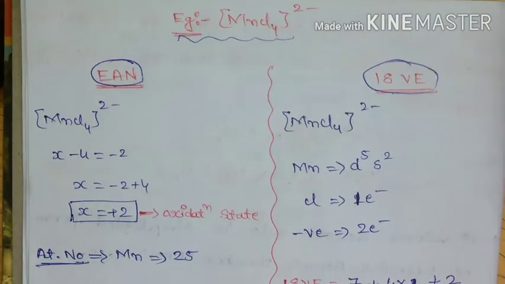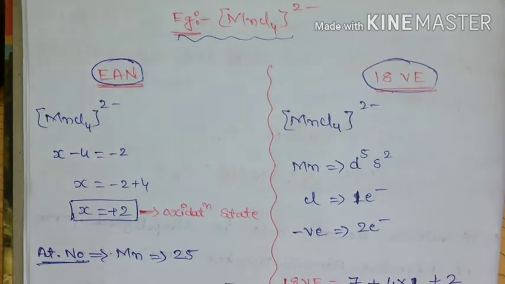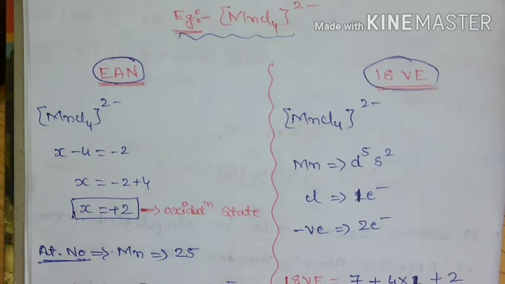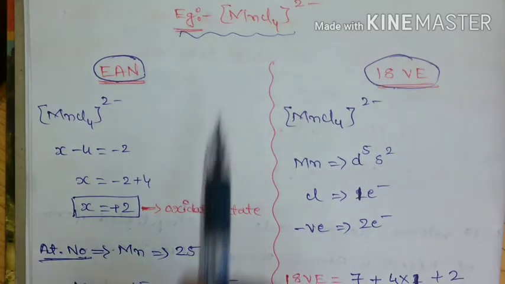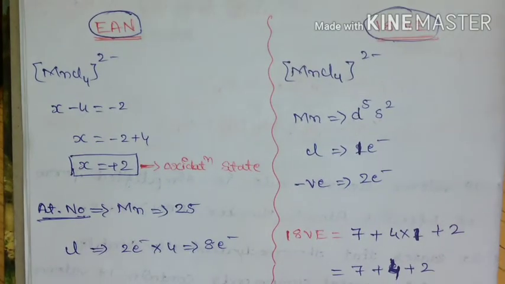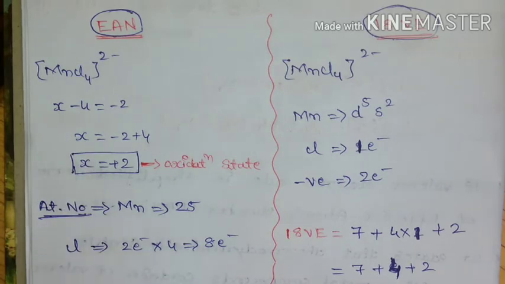Here is a simple example to show that the effective atomic number rule and the 18 valence electron rule are equivalent, but the 18 valence electron rule is a simplified form of the effective atomic number rule. I take the example of MnCl4 2-. For the effective atomic number rule, I need to find the oxidation state.